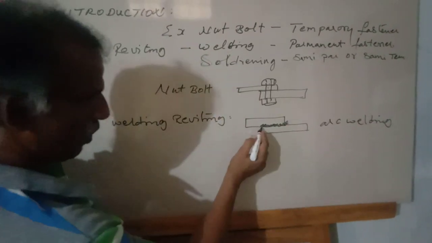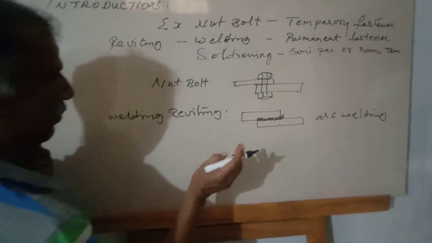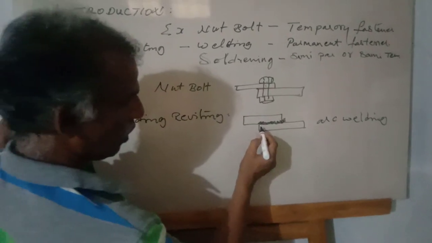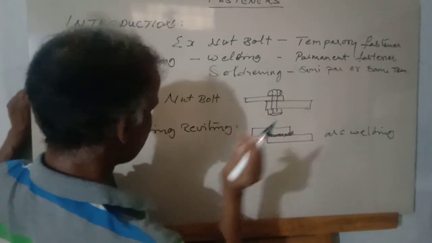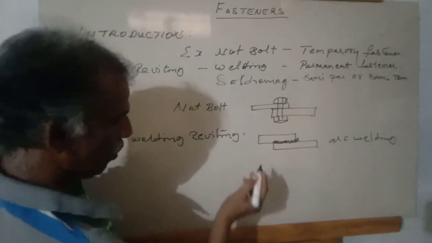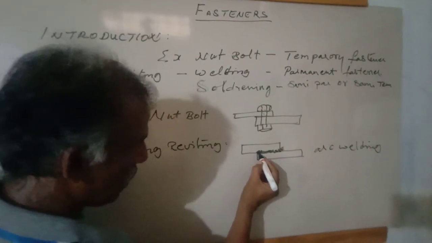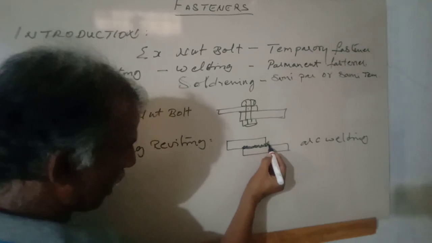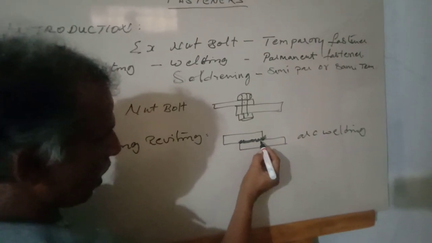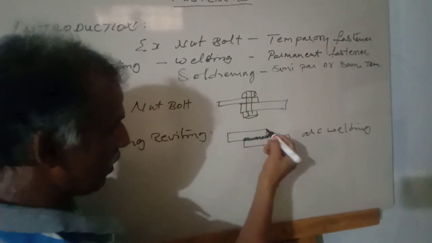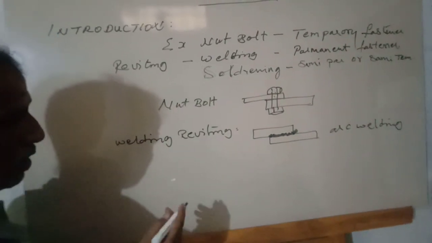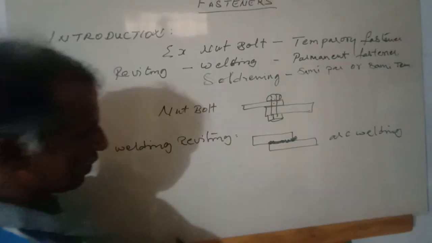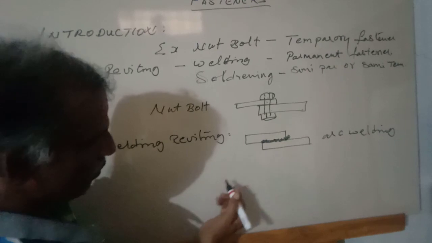Now, when you don't want this joint and you want to dismantle it, we cannot dismantle it as easily as the nut and bolt system. Now, if you want to dismantle this flat, you have to grind or cut with a hacksaw, or we use a machine, by removing the material we cut. So in this system what is happening?